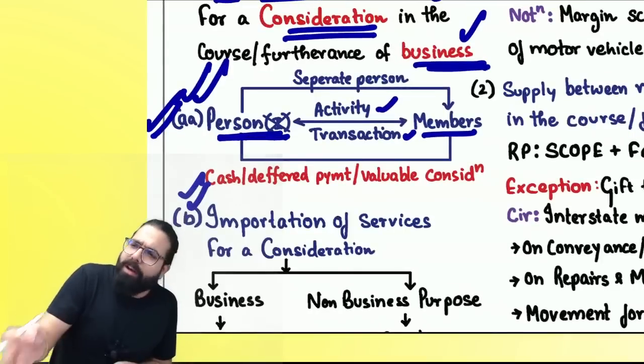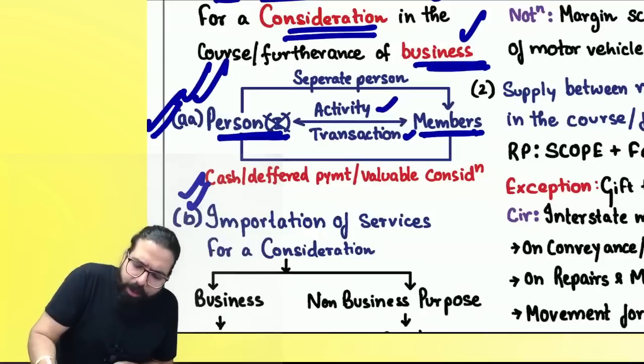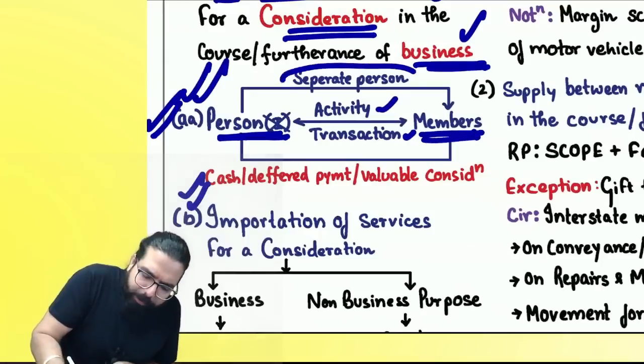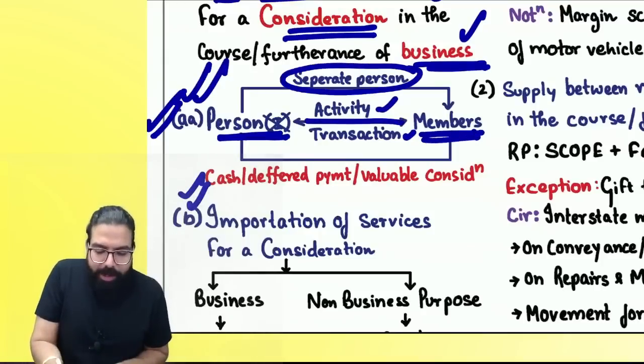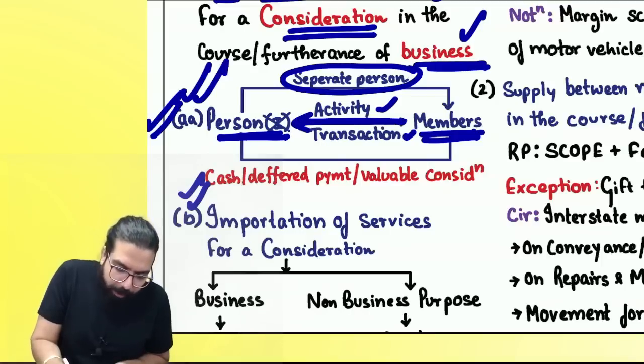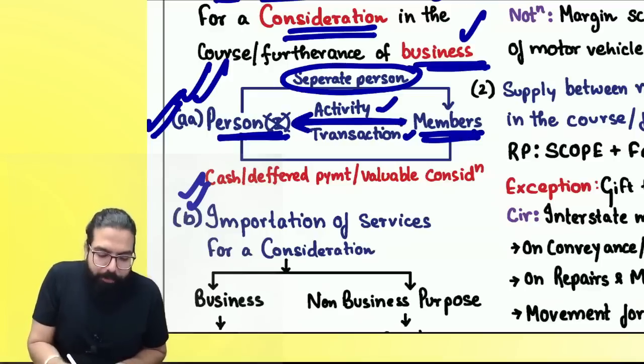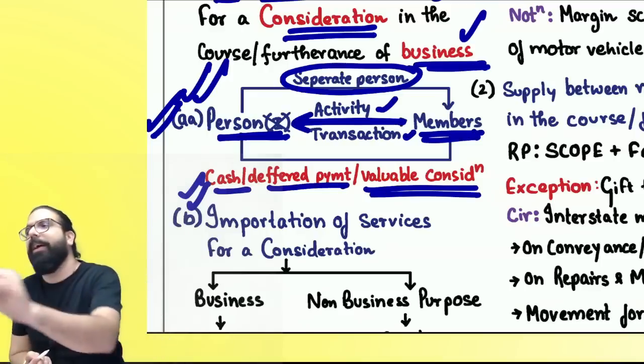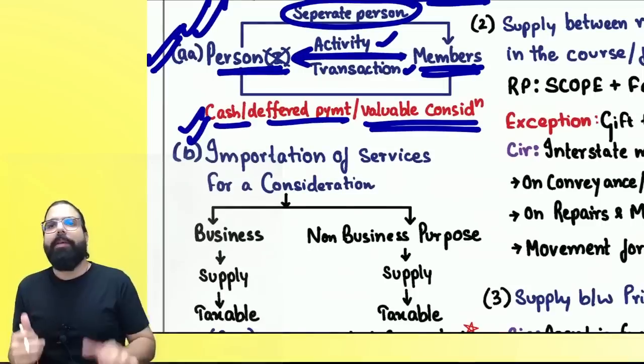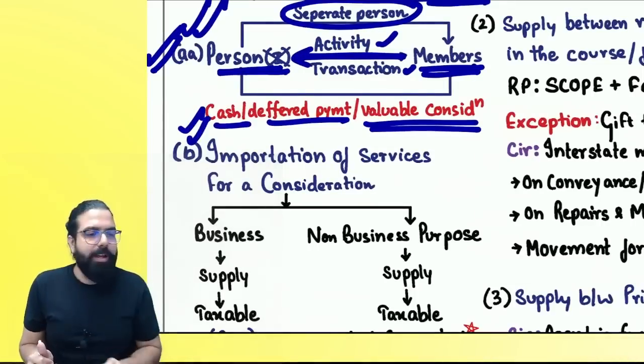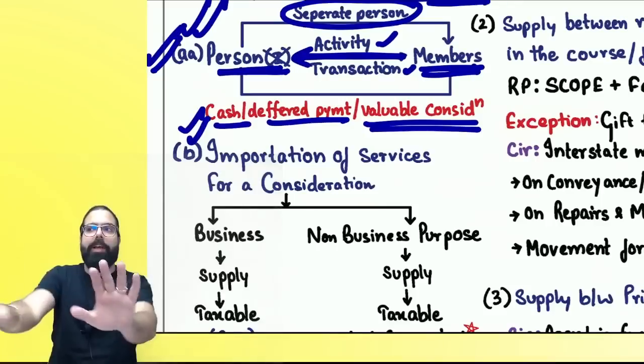Person other than individual, club, association, etc., and members, first of all, they both are separate. Any transaction happening between them, club giving to the members or association giving to the members or members doing a transaction, for cash, might be deferred payment or any valuable consideration, it will be a supply as per section number 7-1 double A. Are we all 100% clear? Always remember one thing, everyone.